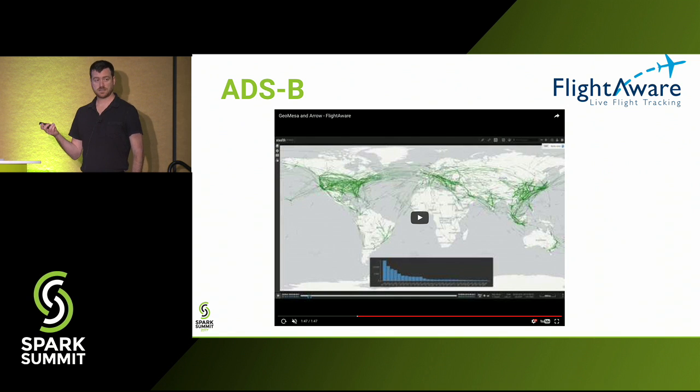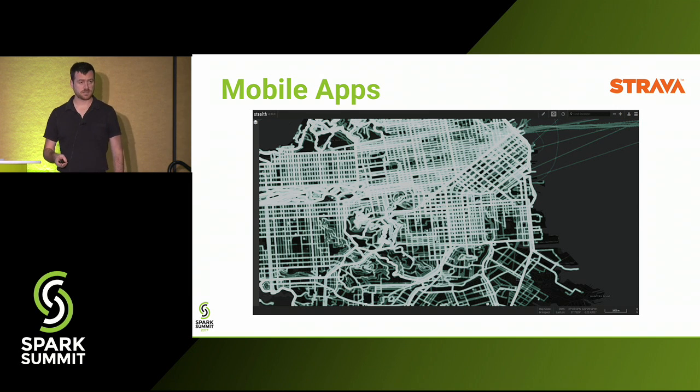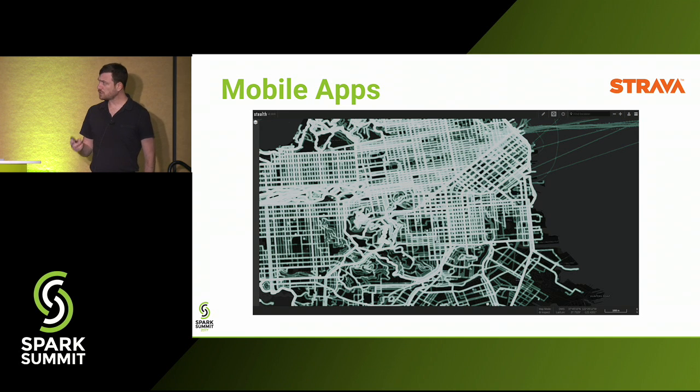So we've got sea, we've got air, and we also have moving entities on the ground. And this is collected by companies like Strava. Strava is a company that has a mobile application that allows users to track their fitness activities, rides, runs, commutes, other kinds of activities.